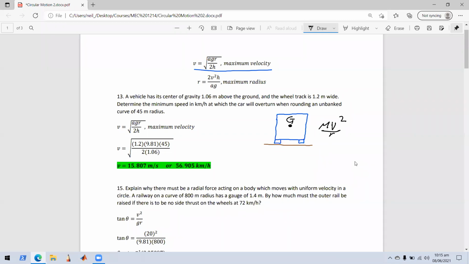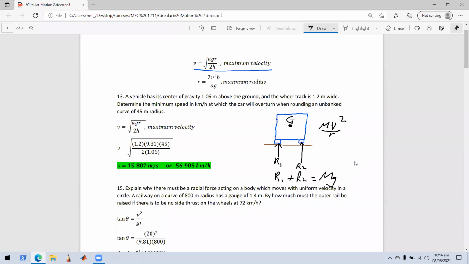So the weight of the vehicle, mg, is distributed between these two wheels, right? And the reactions from the ground are R1 and R2, right? So you can establish basic formulas such as R1 plus R2 is equal to mg.